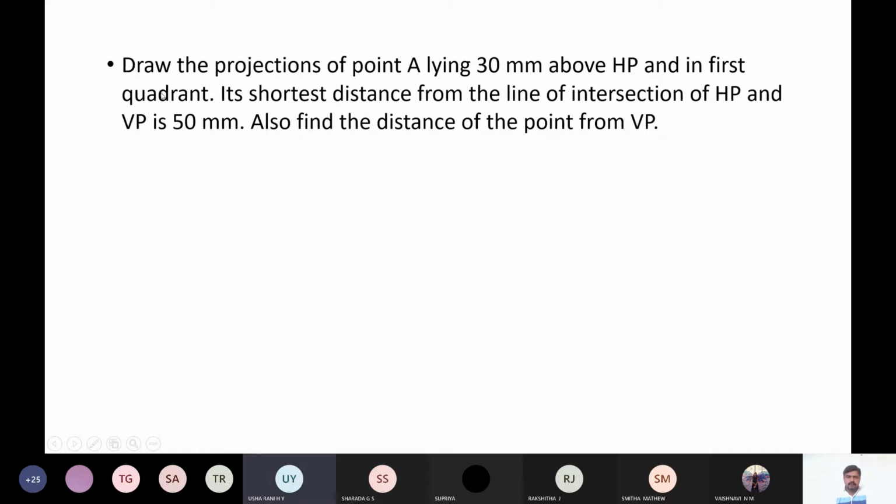In front. This first quadrant gives a hint that point A will obviously lie in front of VP. It cannot be behind. The reason is that it lies in first quadrant. We are going to make use of that also in construction.